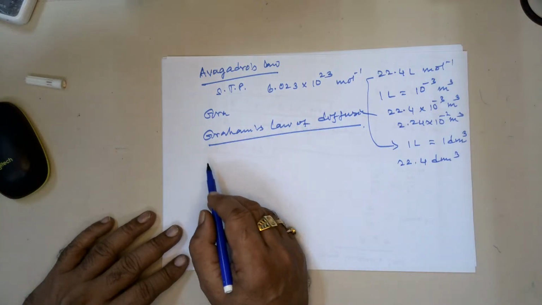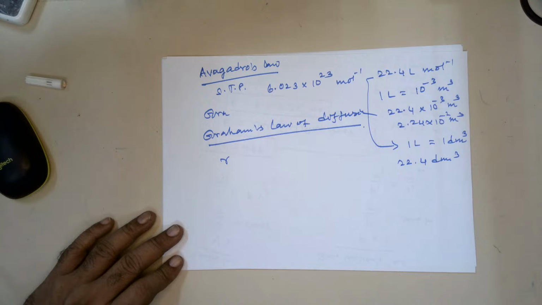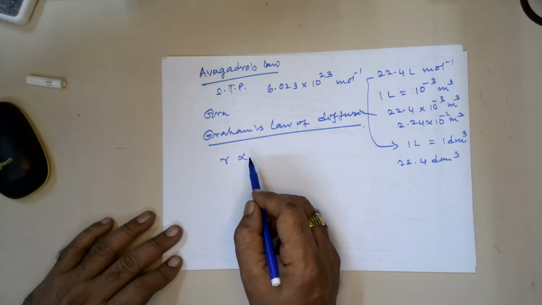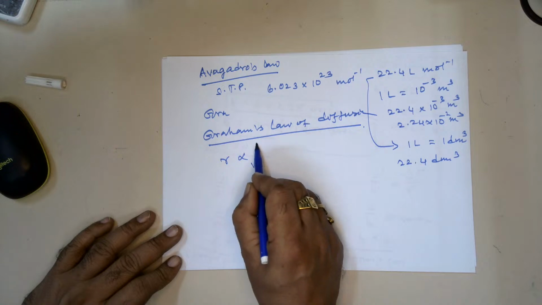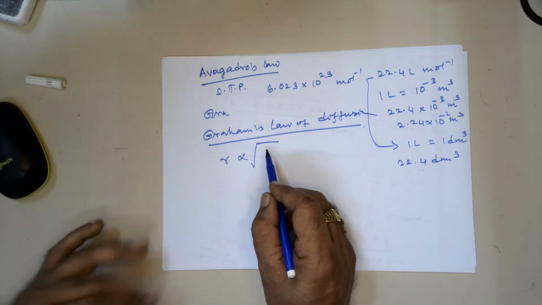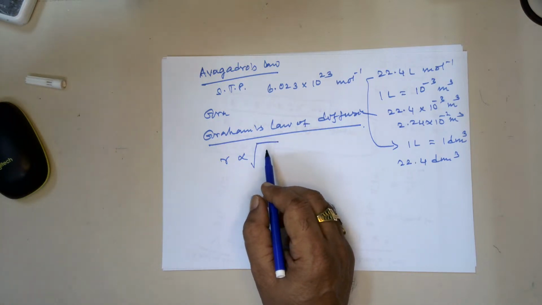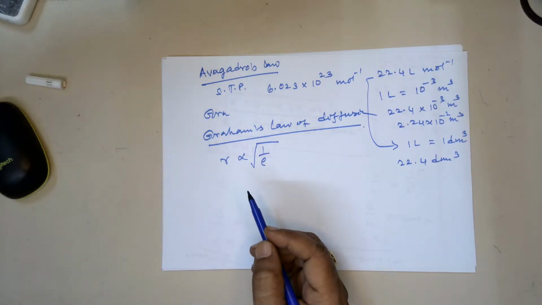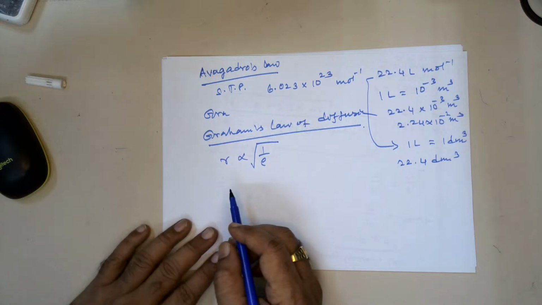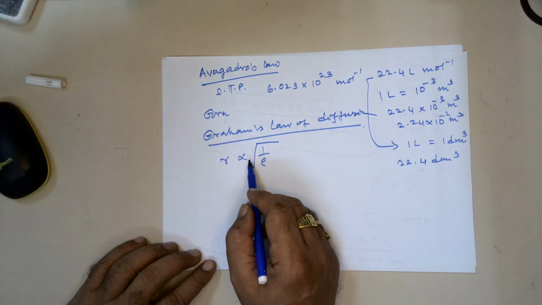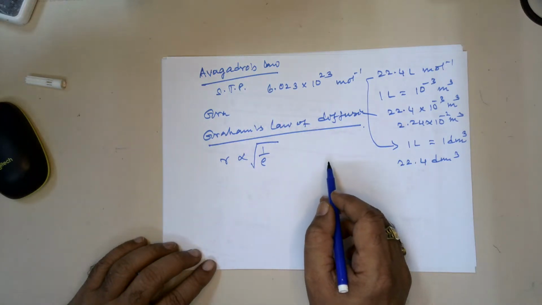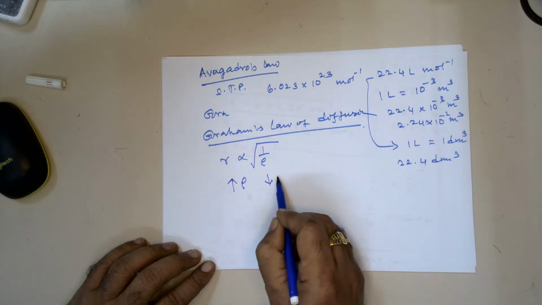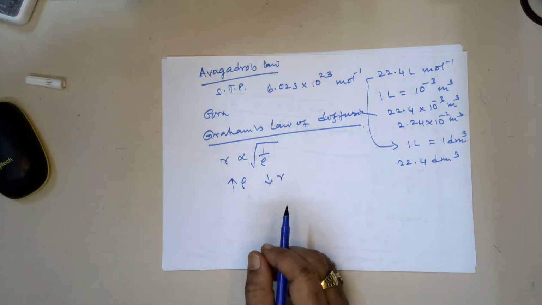So, the rate of diffusion, represented by R, is proportional to the whole square root of 1 by rho. It means denser the gas, slower is the rate of diffusion.